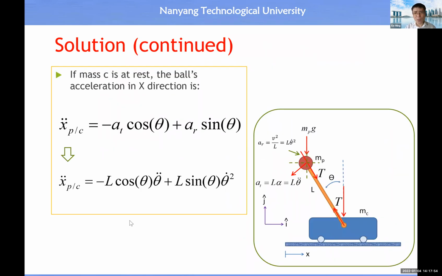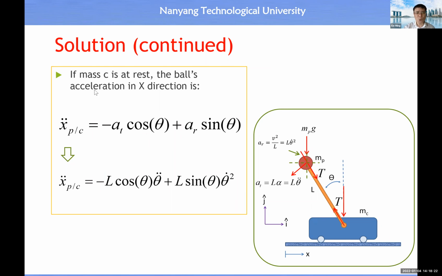Now we assume that the mobile base is at rest, so it's easier for you to imagine. With respect to the mobile base, the ball will have tangential acceleration and radial acceleration, and these are two vectors. So each vector may have a component in the x direction and a component in the y direction.